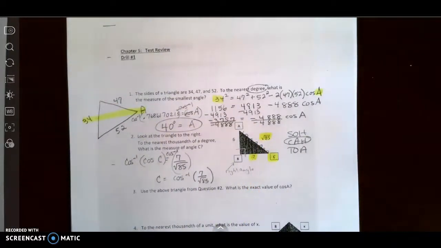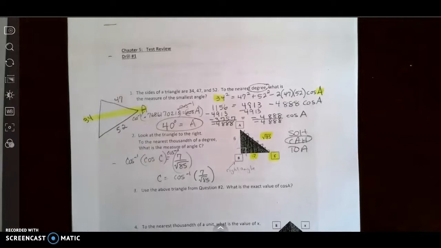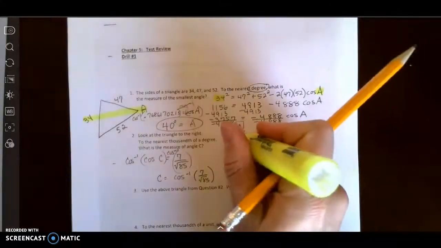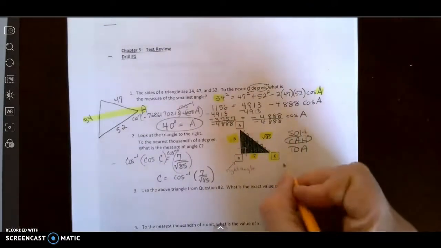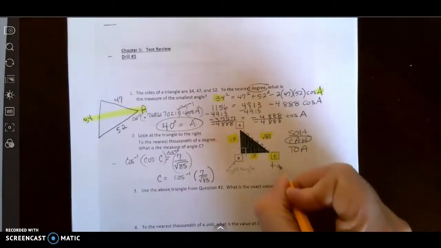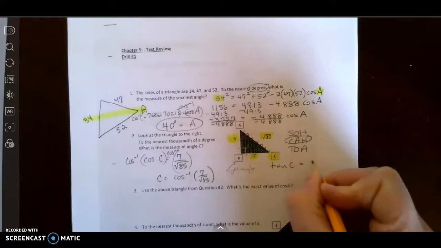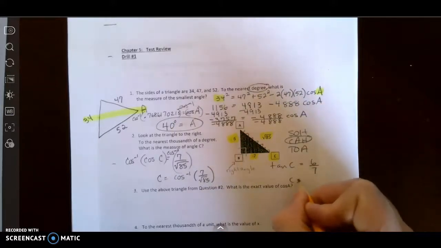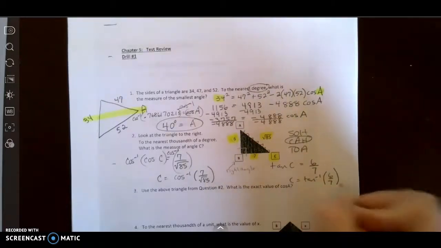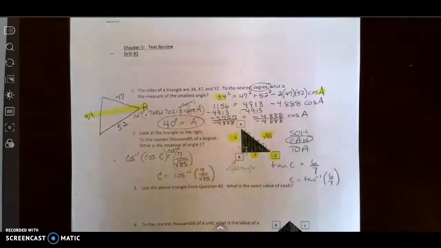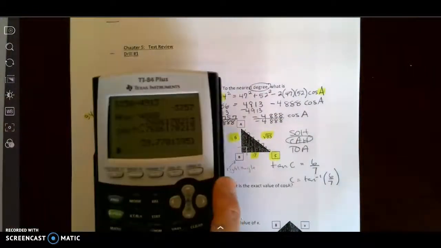So let's actually do that. I don't know why I didn't see that initially. So because I have the 6, and then I don't have to worry about square roots, I'm going to do tangent of C equals opposite over adjacent. So C is the inverse tangent of 6/7. I don't know how I missed that, but that's sometimes what happens when we're doing problems.